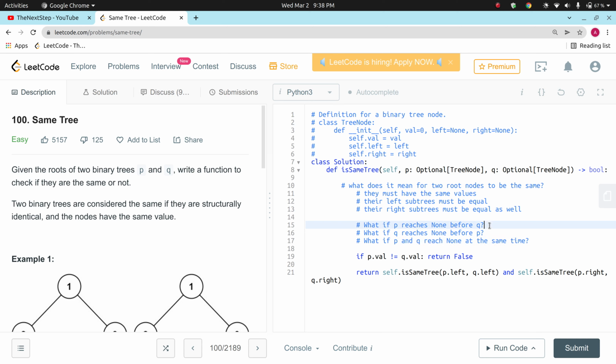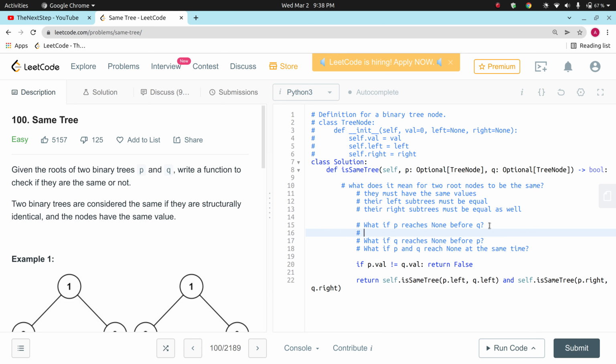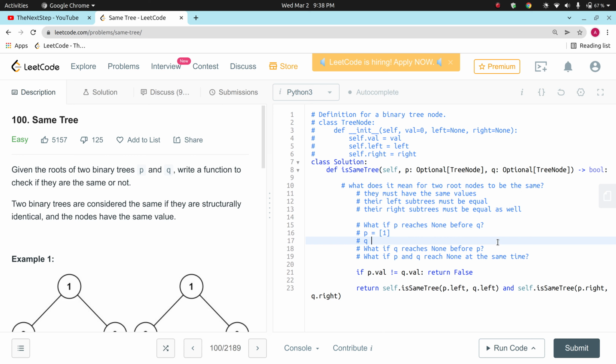Alright, and what reaching none means is, let's say P is a node with the value of 1 and Q is a node with the value of 1 and 2. So okay, for the first comparison, yes, they have the same values, right? They have 1, but when we call this recursive function right here, the left subtree of P is none.